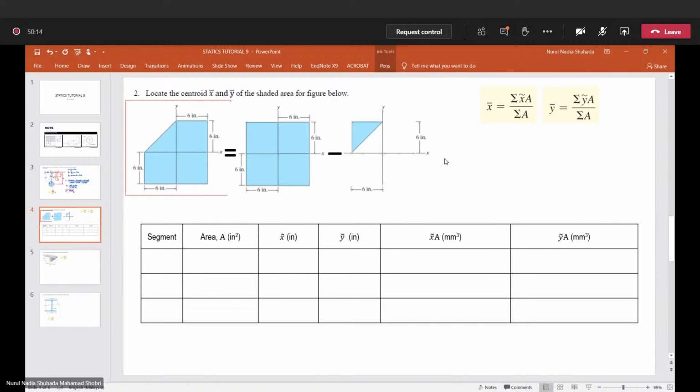In this case we will try this method, where we will have two separate geometries. This whole rectangle here is the first segment, and this whole thing here is the second segment. So when 1 minus 2, we will get the given figure.